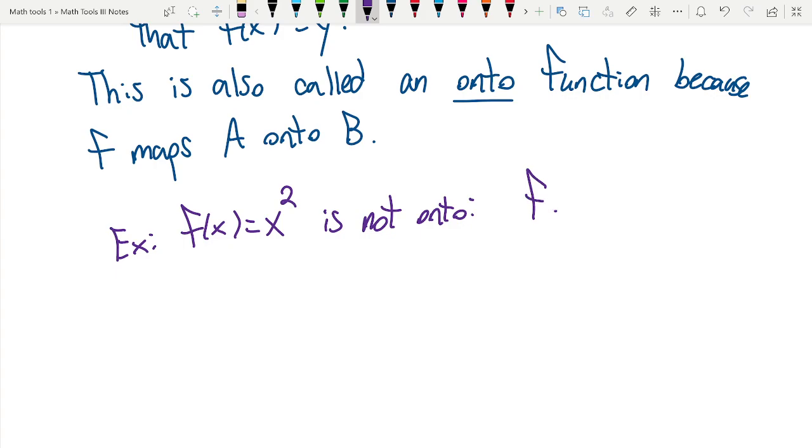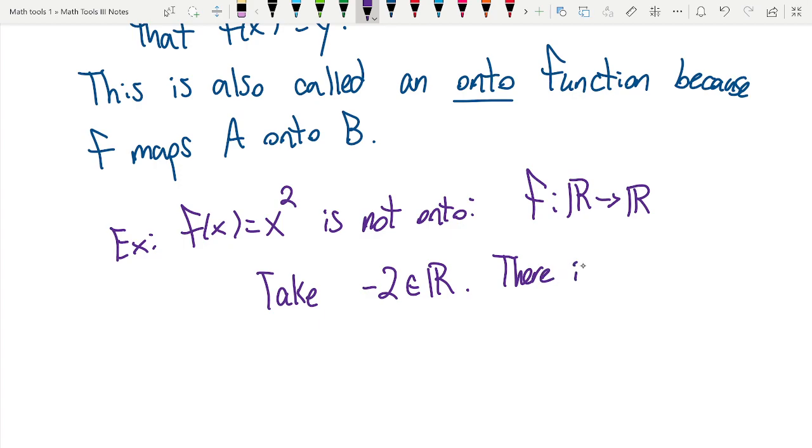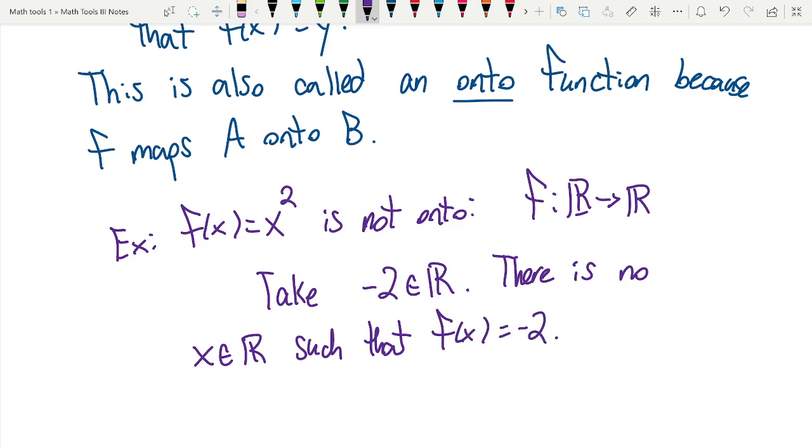First of all, we should just say f is from R to R. So take, I don't know, -2 in R, which is the codomain. There's no x in R, which is the domain here, such that f of x equals -2. They're the same thing, but we're thinking of the different ones. So this is not an onto function.